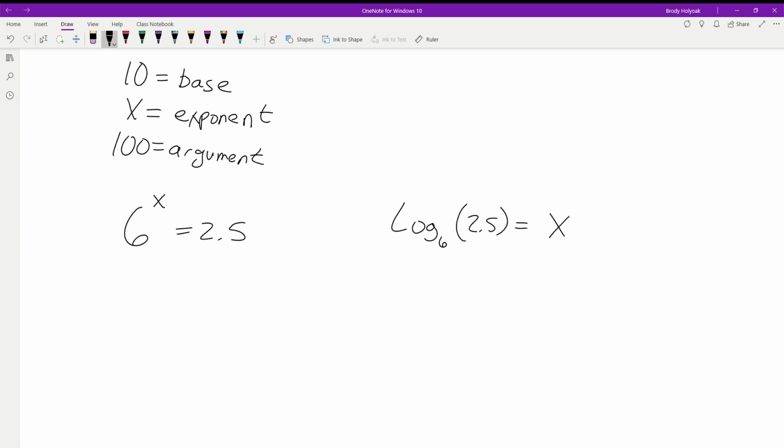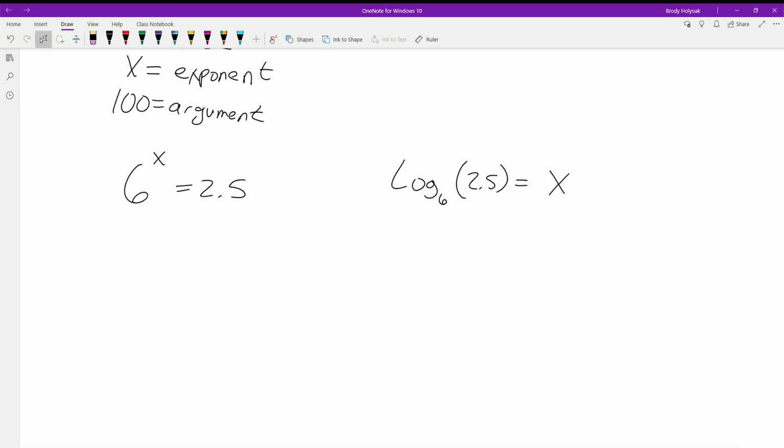Now we can manipulate this equation and plug it into our calculator, if our calculator had base 6, which it doesn't. If our calculator allows us to plug in this value, it's not actually going to look up a table based on log 6. It's going to do this next step internally. Some calculators let you do it, a lot of them don't.